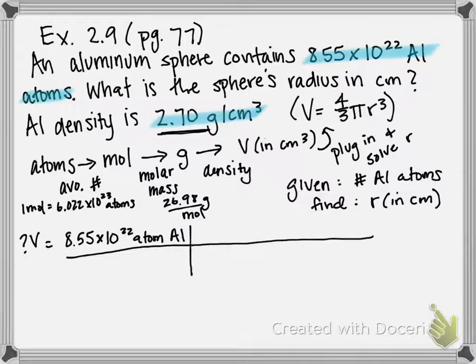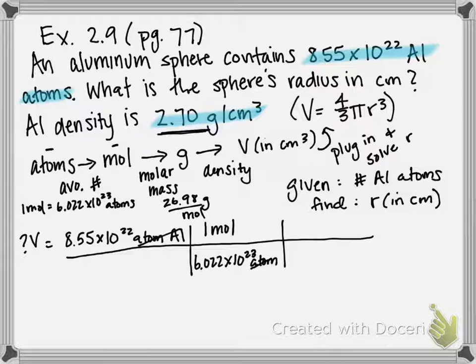To convert first between atoms and moles, we're going to use Avogadro's number. So on the bottom is going to go our atoms, 6.022 times 10 to the 23rd in 1 mole up top. That's going to cancel atoms.